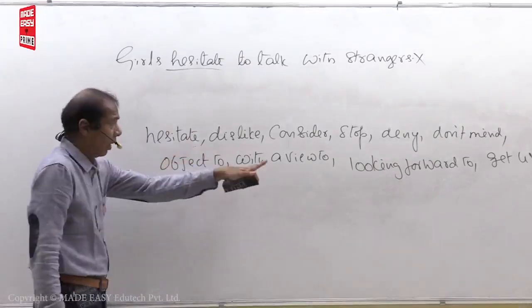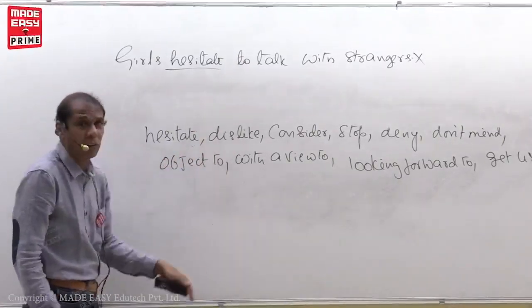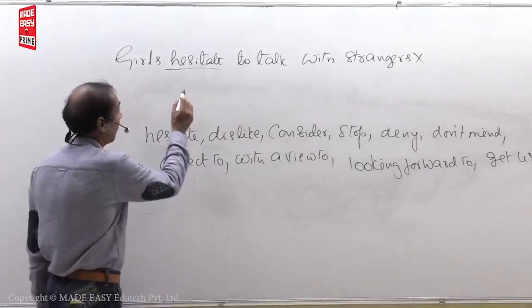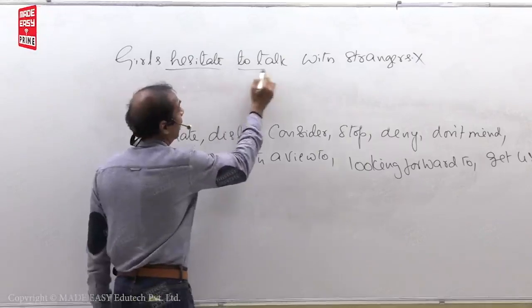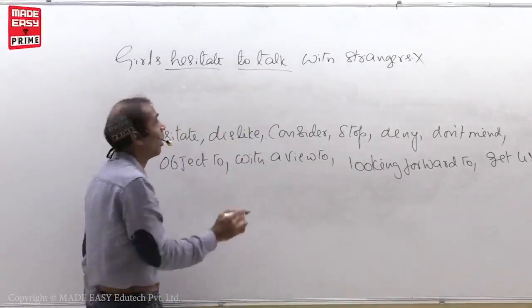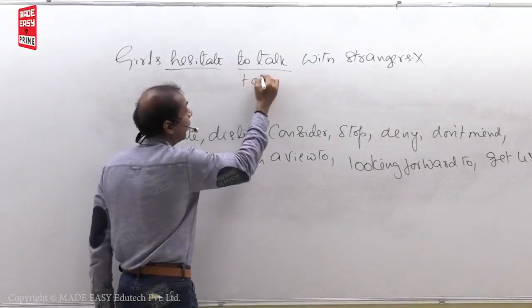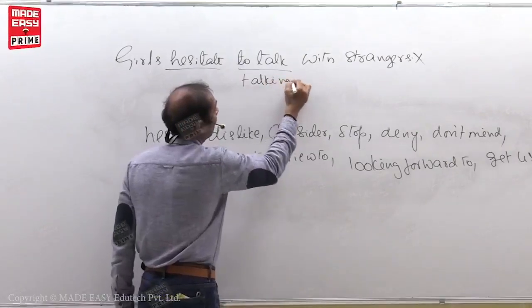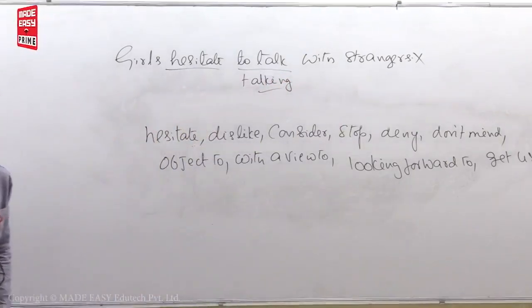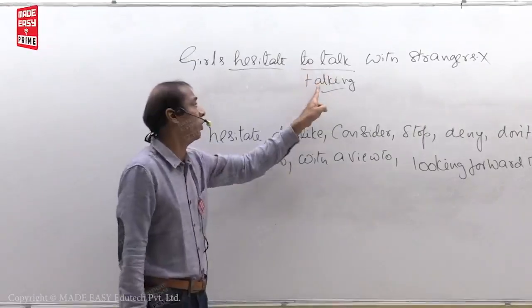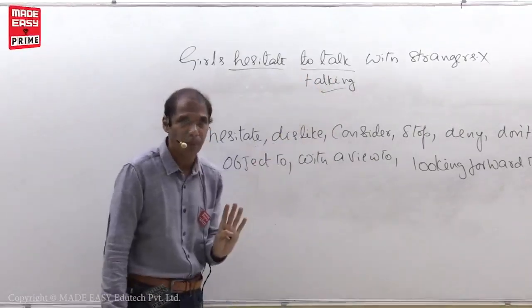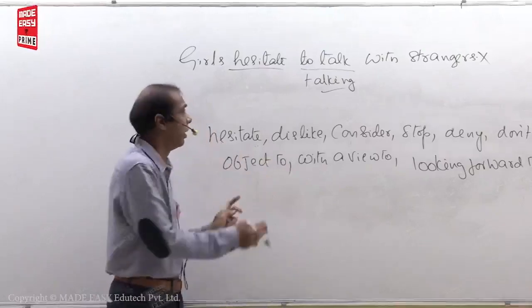See, I told you now. These words always take V1 plus ing form. Girls hesitate. This word takes V1 plus ing form. What you have written here? To plus V1. This is wrong. Girls hesitate talking with strangers. Not to plus V1. We have to write V1 plus ing form. Similarly, every word. See.